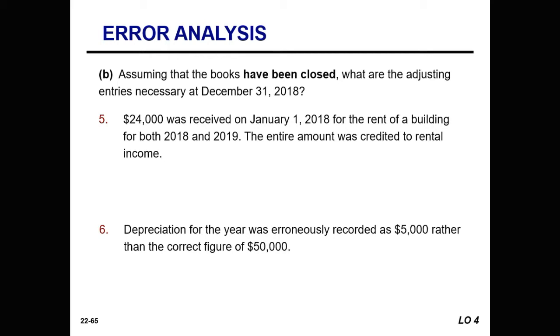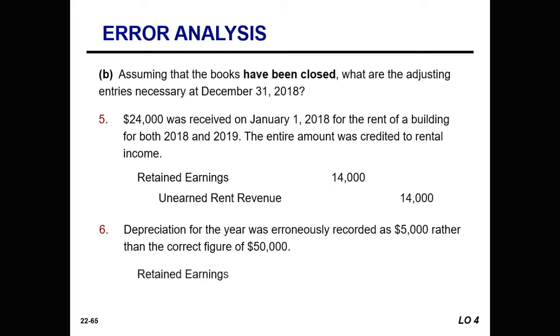The entire amount was credited to rental income. We would credit retained earnings, or sorry, we'd debit retained earnings, and then we would credit unearned rent revenue. The depreciation, we would debit $45,000 to retained earnings and $45,000 to our accumulated depreciation.